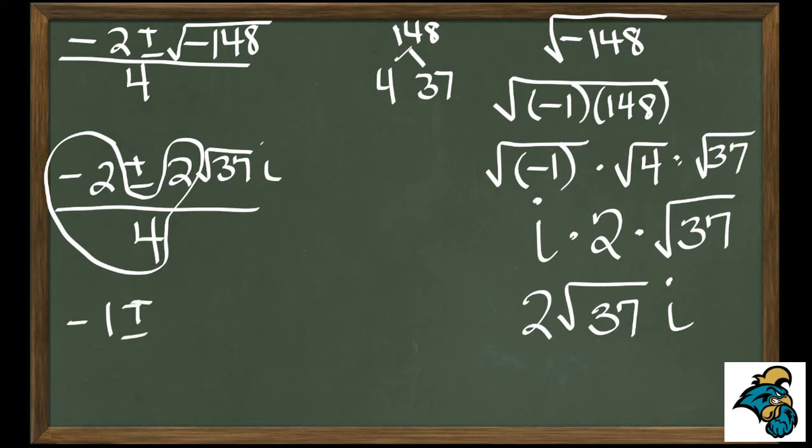So when I divide negative 2 by 2, it leaves me with negative 1 plus or minus. When I take this 2 and divide by 2, it leaves me with 1, or just simply square root of 37 i. Divided by, if I take the 4 and divide by 2, I'm left with 2.